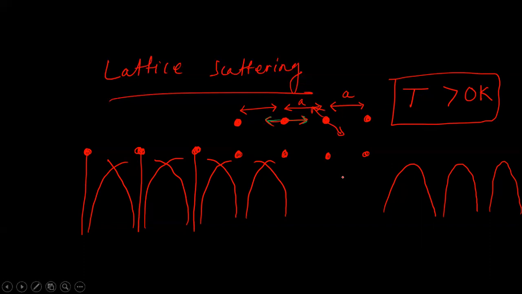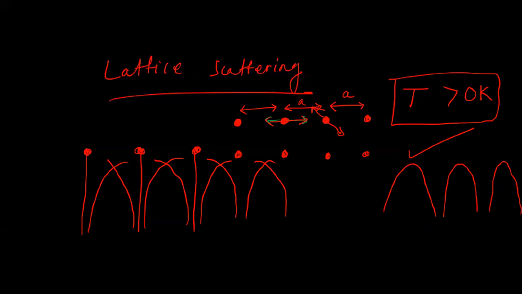These thermal vibrations cause a disruption in the potential function, which results in an interaction between the charge carriers moving through the crystal and the vibrating lattice atoms. This interaction, or scattering, is known as lattice scattering or phonon scattering.